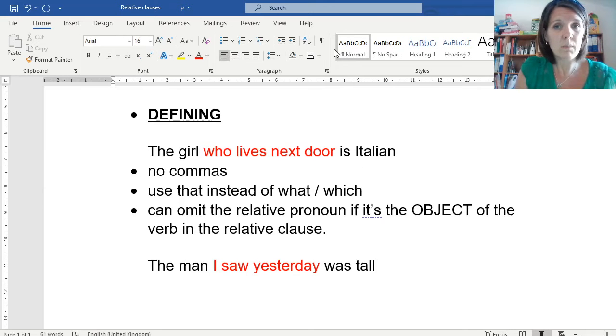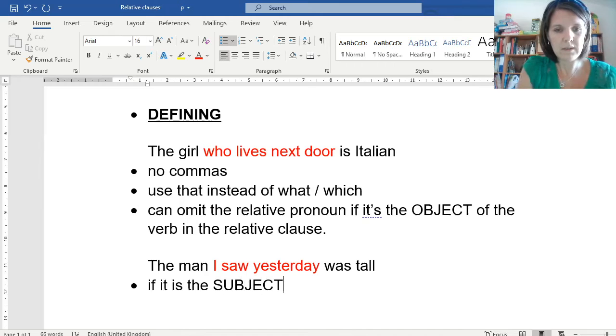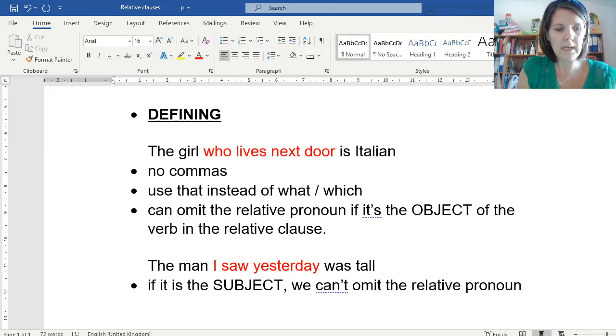So let's just make a note here saying if it is the subject, we can't omit the relative pronoun. Let me give you an example again here.